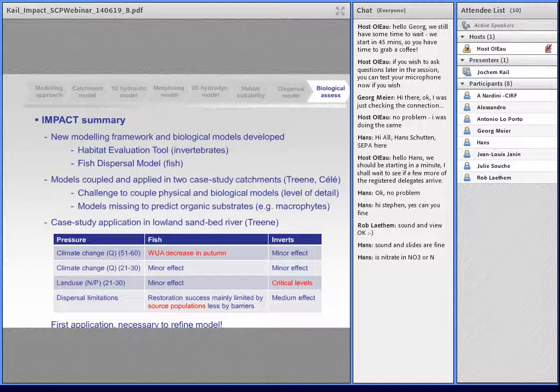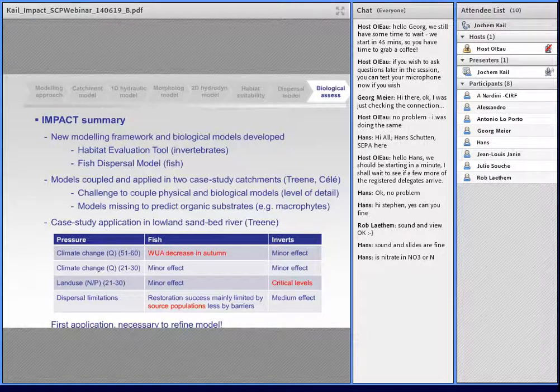We also found that there are some models missing, especially models which predict organic substrates, which are important for biota, and also important with respect to the feedback of these organic substrates, like macrophytes, on morphodynamics. And we found that it is indeed possible to identify the main bottlenecks for biota using this modeling approach.